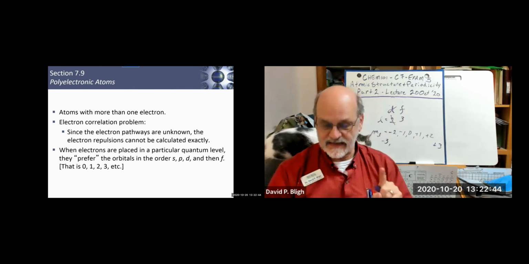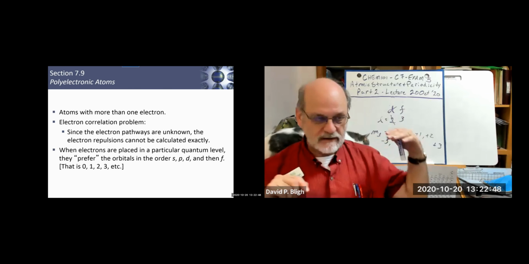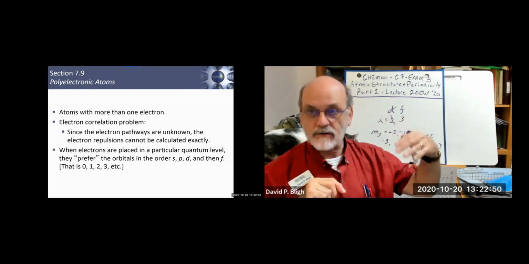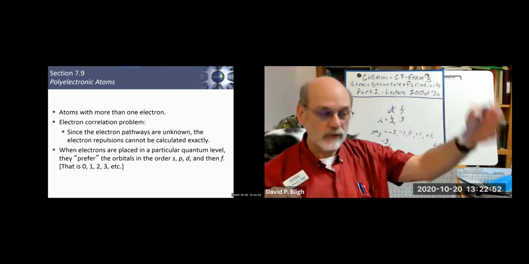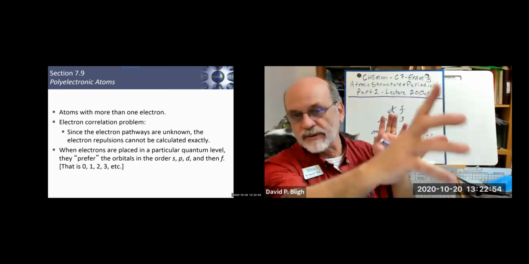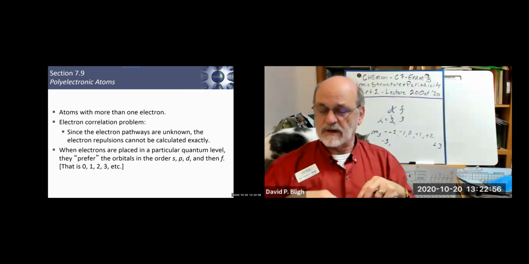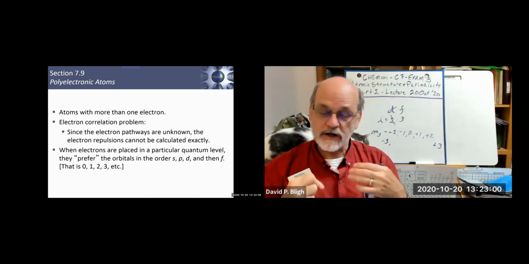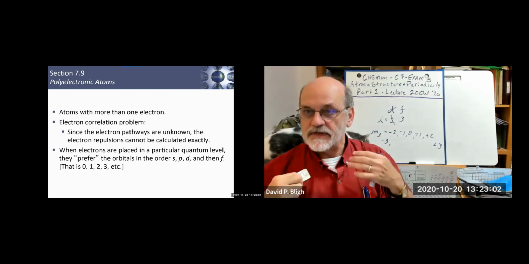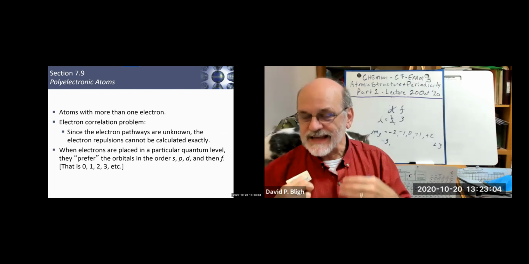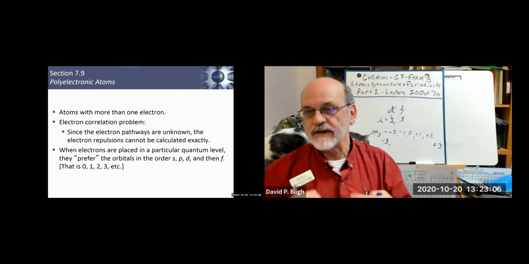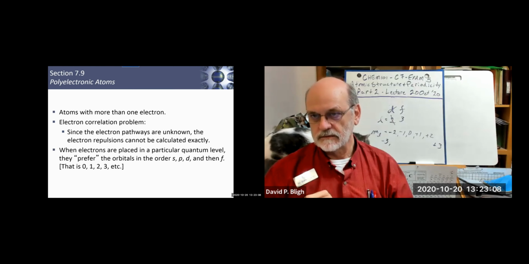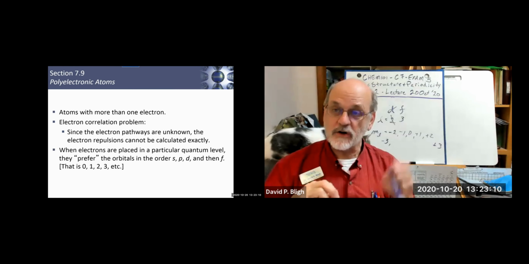But we can say this: as you're building atoms, hydrogen, helium, lithium, beryllium, boron, right on up, as you add electrons to that electronic structure, the electrons prefer to enter into the lowest available orbitals. And I mean that in terms of energy.